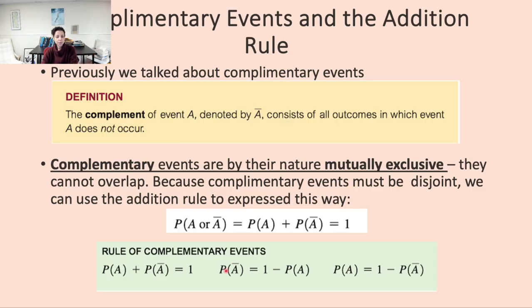So the complement, which is the probability of having a boy, is 1 minus the probability of having a girl. So complement events can be handled in this way. It can really simplify the addition rule.